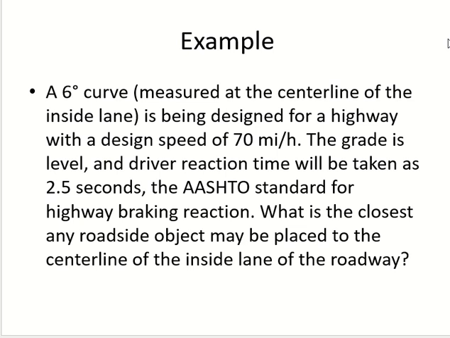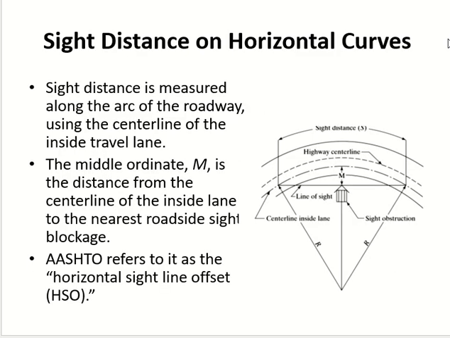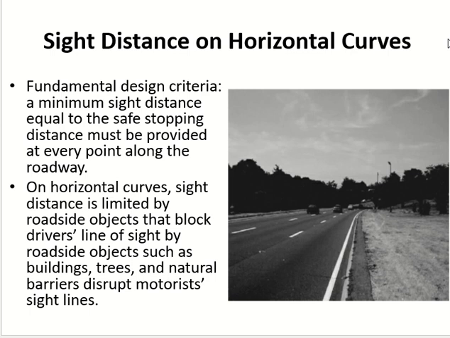We have a 6-degree curve, and this curve is for the inside lane. Now look, this road has 3 lanes, right? All of them are on the curve. Which lane has the most critical value here? The inside lane, right? The one which is closest to the tree. This one is even farther, so this driver can see more, and this one is even farther, so this driver can see more.